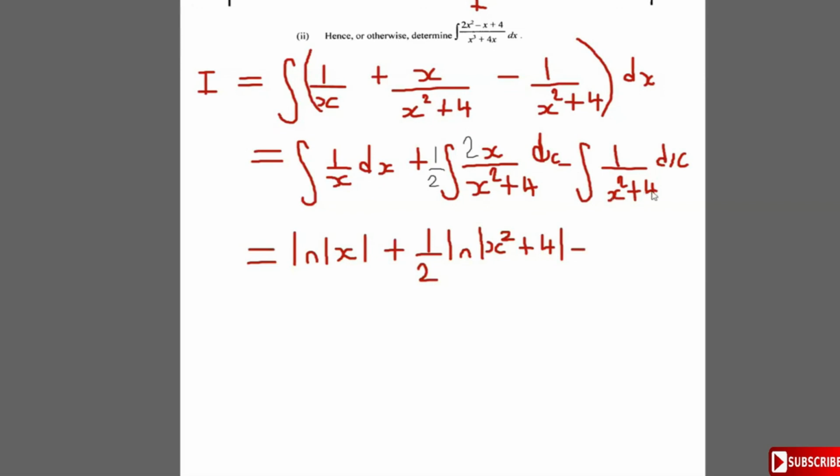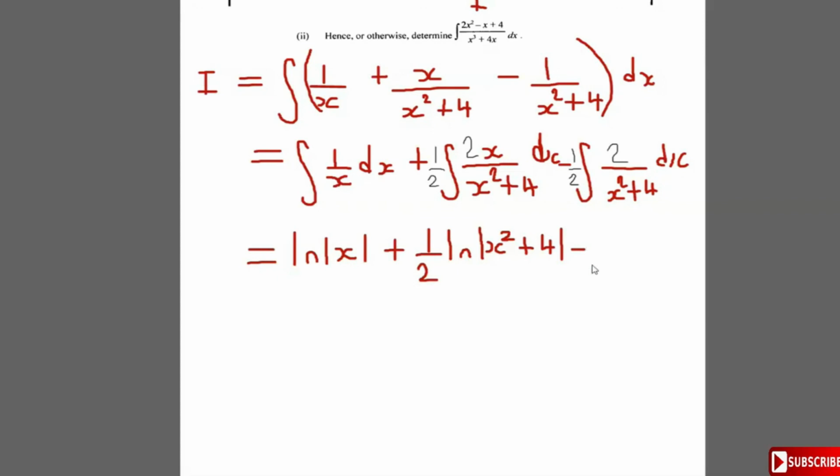Now for 1 over x squared plus 4, if I were to just put a 2 in the numerator and a half on the outside, the integral of a over x squared plus a squared is tan inverse of x over a.